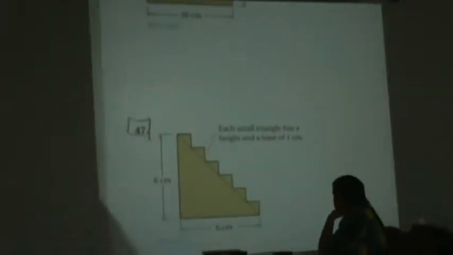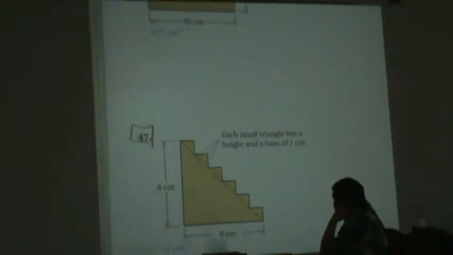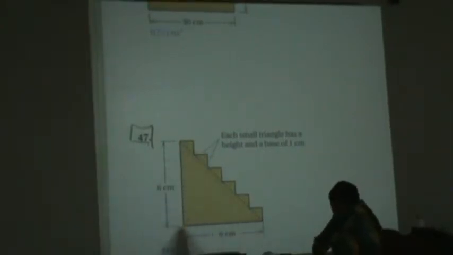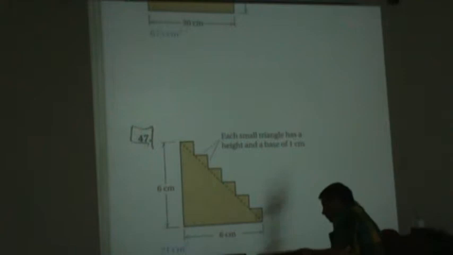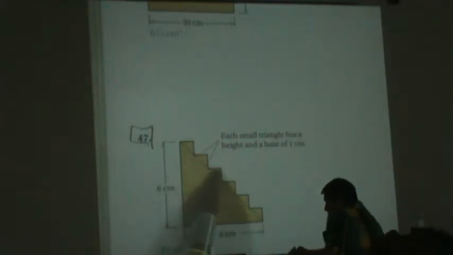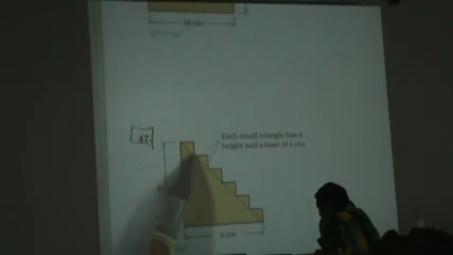Okay, here's one right here. Okay, we've got a triangle right here. We can figure out a triangle, right? 1/2 of the base times the height. And then it says each one of these little steps, it says each small triangle has a height and a base of 1. So 1/2 of base times height. 1/2 of 1 times 1. 1/2, right?